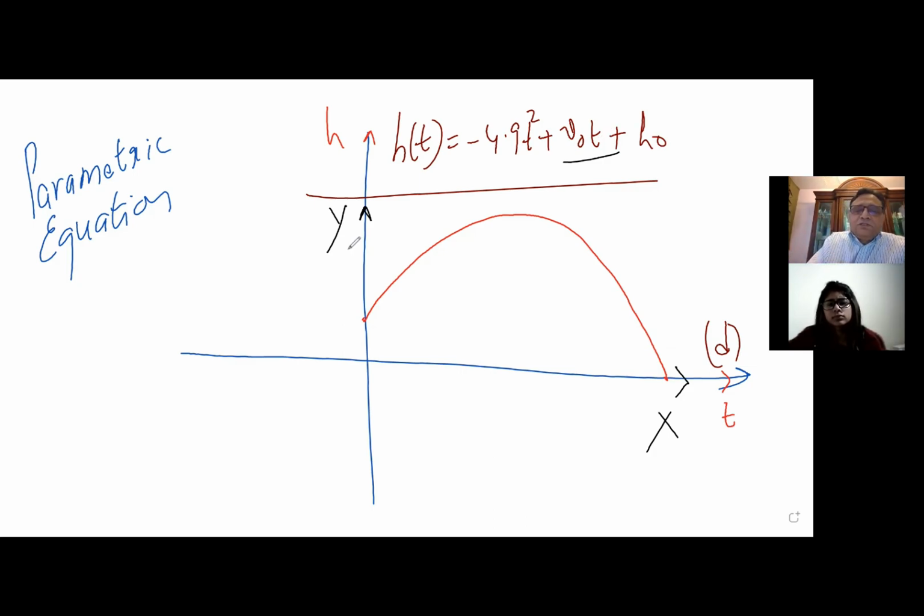However, it will just go up and come down. Same stone, correct? Because there is no horizontal velocity to it, it goes straight up and comes straight down.